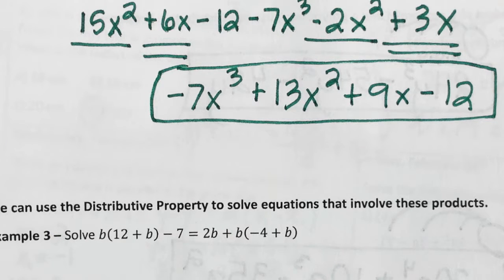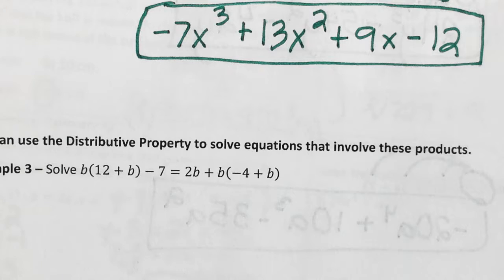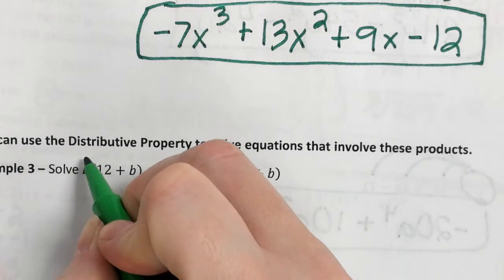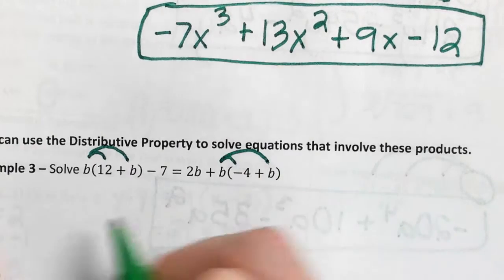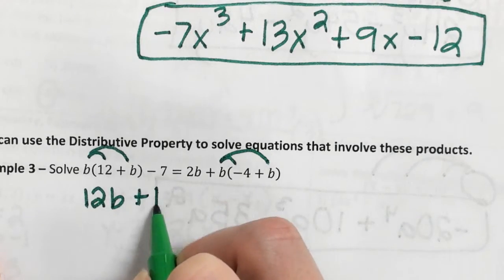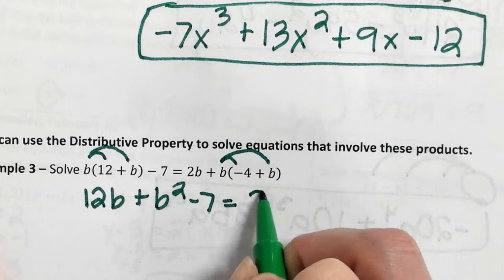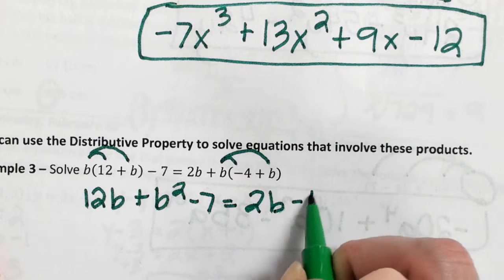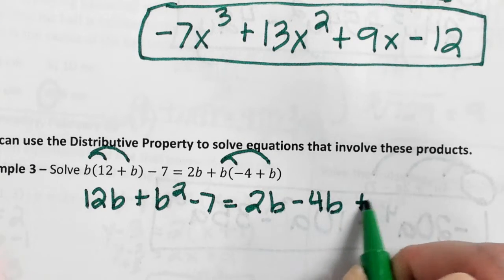Okay, so the next one, make sure you're not going ahead of me on this one. There's something important that I want to talk to you about. So on the next problem, we start by distributing just like in the other ones. So I have 12b plus b squared minus 7 equals 2b minus 4b plus b squared.